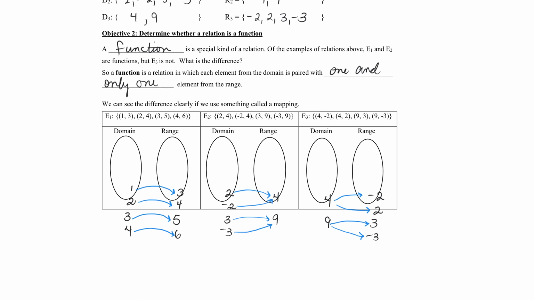Okay, so a question that might be coming to your mind could be, why do we care about this? Why do we define functions in this way? So let me give you an example that may seem kind of strange at first, but I want you to think about an oven in your kitchen. And I want you to think about making a chocolate cake, all right?